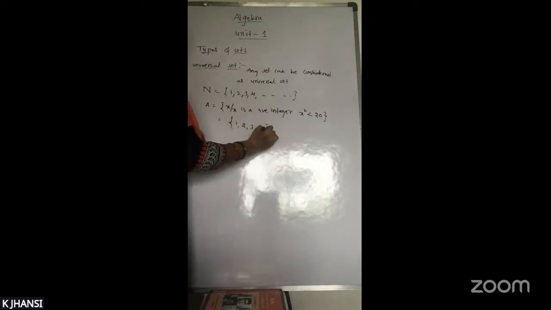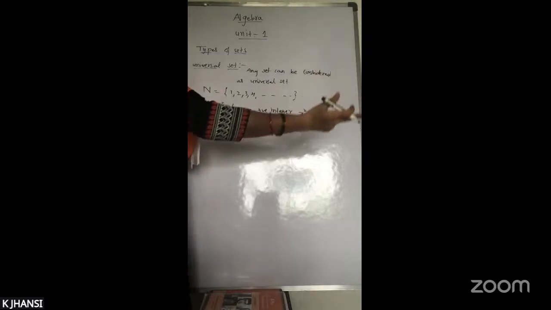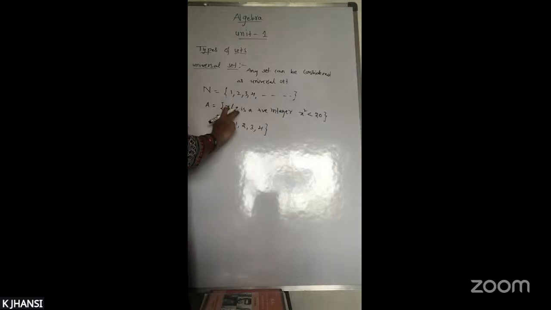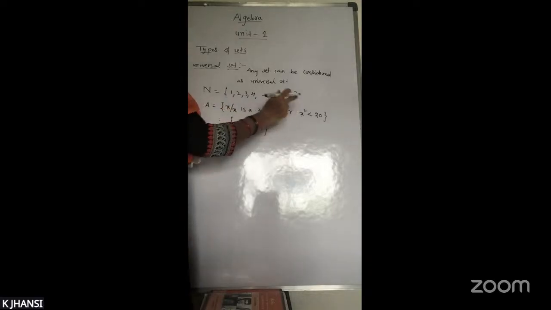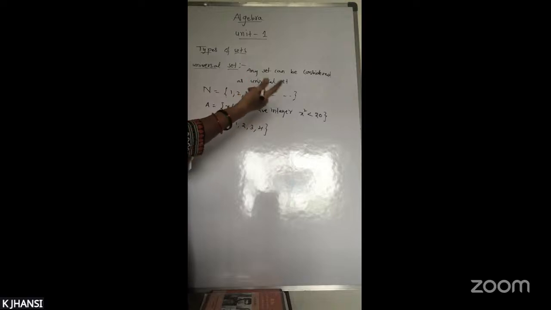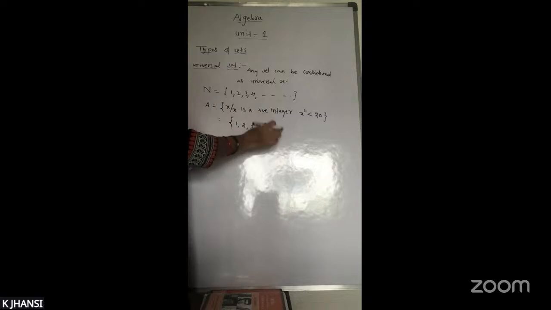Okay. So we know what N is. N is 1, 2, 3, 4, 5, 6 up to infinity. So A is equal to x such that x is a positive integer where x square is less than 20. If you write this set in roster form, the values are 1, 2, 3, 4. So whatever the set A is, this is a subset of N, which means set A belongs to natural numbers N. So N is called a universal set.